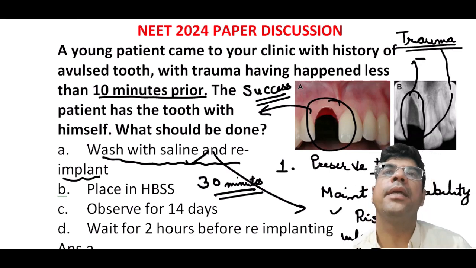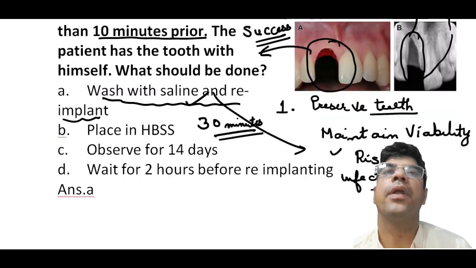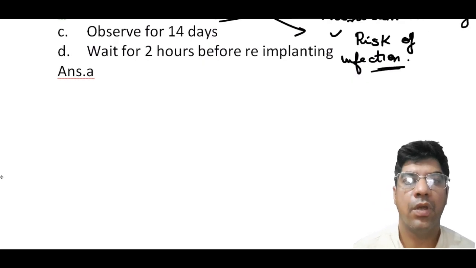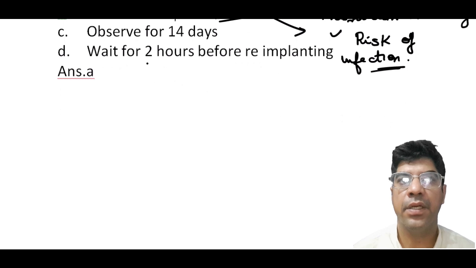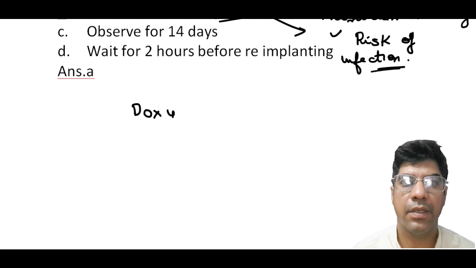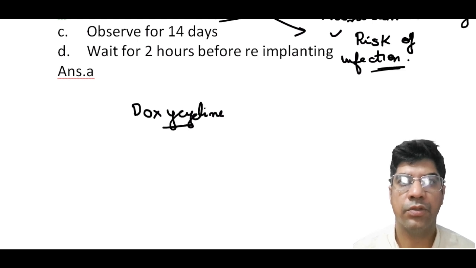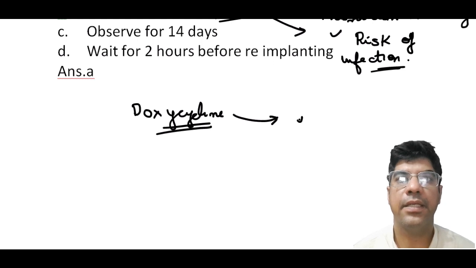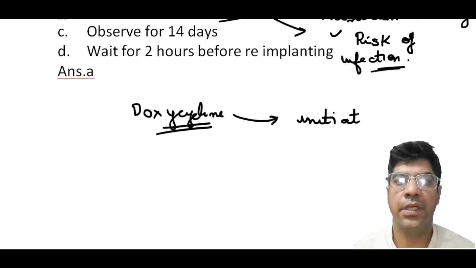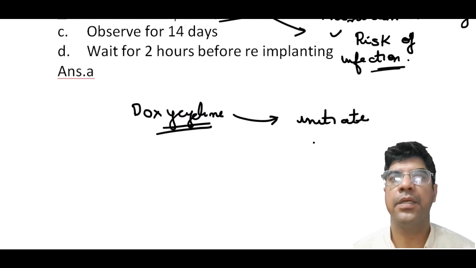Now, what are the key points that you should know from your entrance exam point of view? First, the tooth should be reimplanted with doxycycline. That is done to initiate the process of attachment by collagen formation.